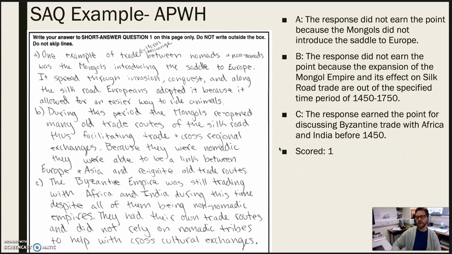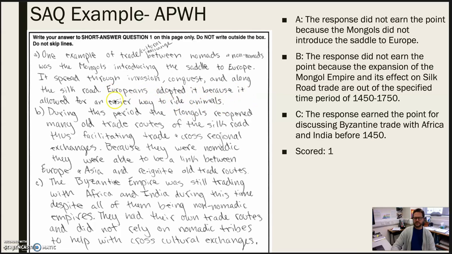They scored a 1. All right, so for example A, one example of trade cultural exchange between nomads and non-nomads was Mongols introducing the saddle to Europe. So here they answered, it spread through invasion, conquest along the Silk Road. They did cite, right? They're referring specifically to the Silk Road.